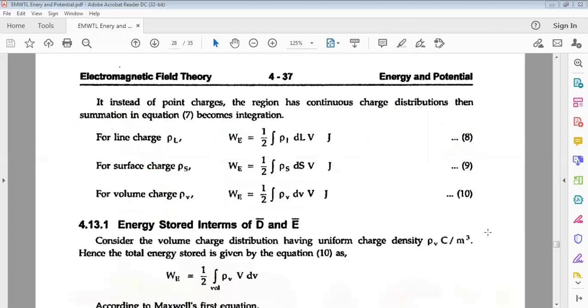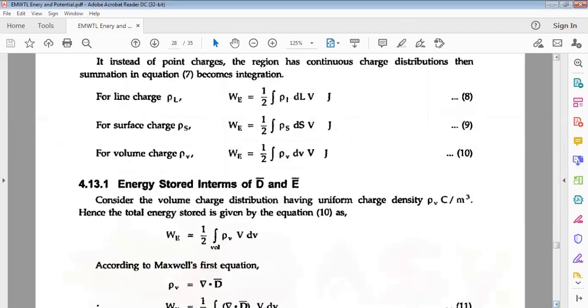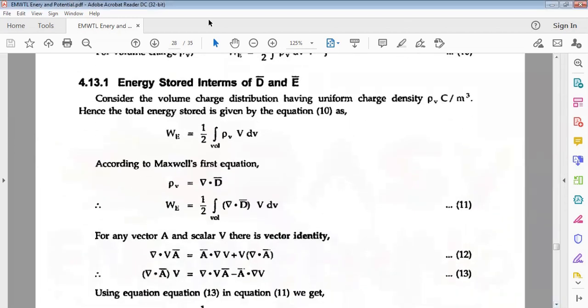Now the energy stored in terms of D bar and E bar. D bar is electric flux density and E bar is electric field intensity. The energy stored, W, is equal to 1/2 the integral of rho v into V dv.